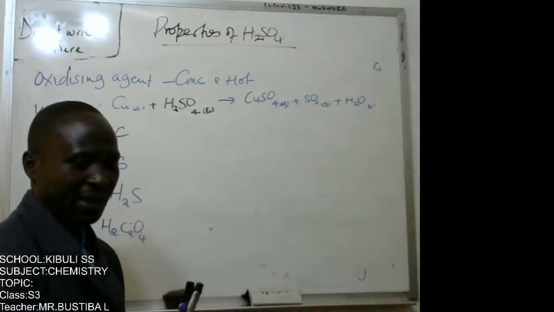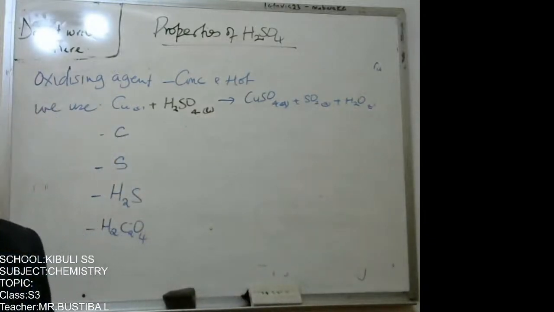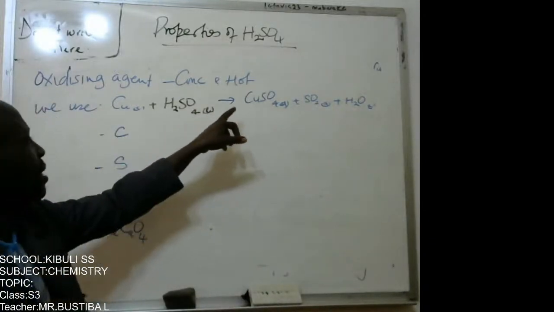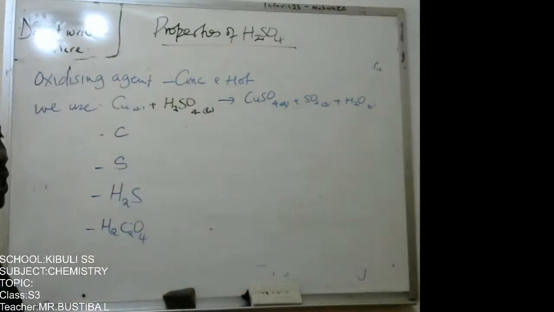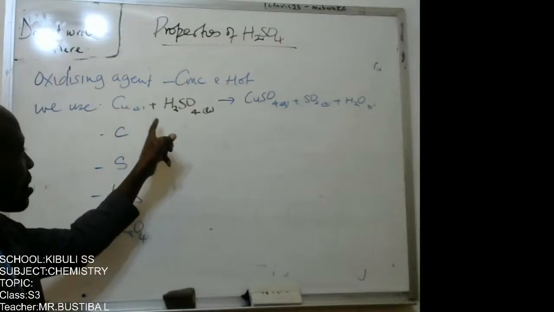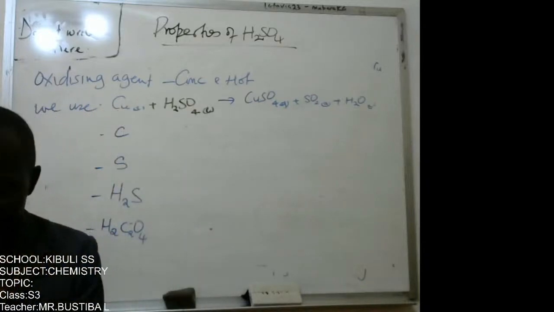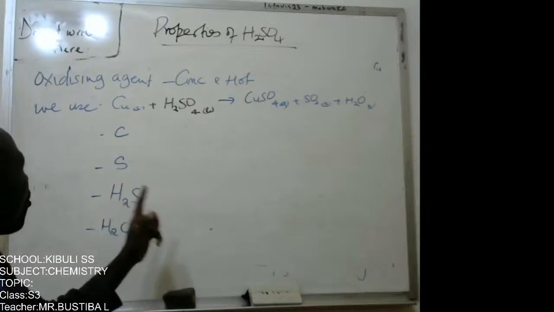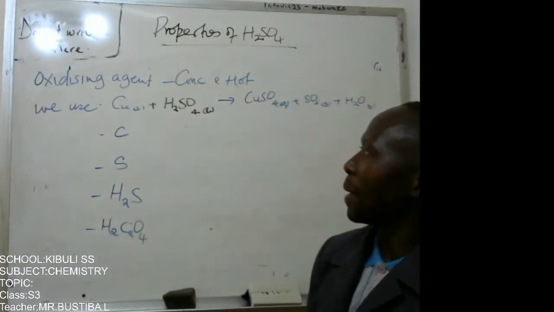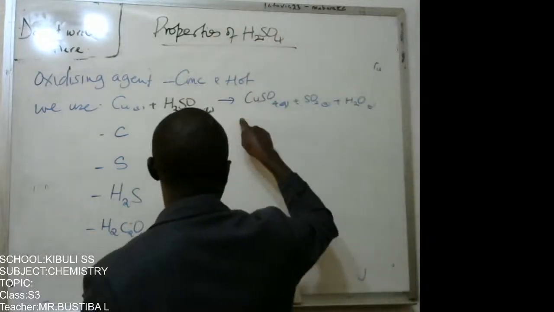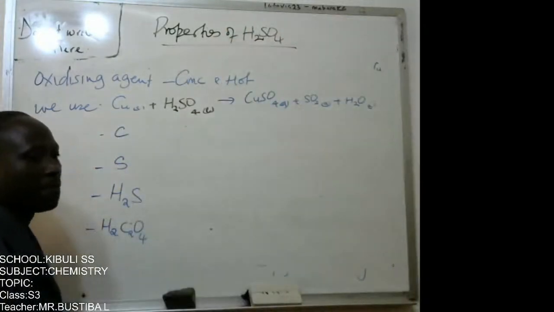This explains why most of you give this reaction as a method of preparing sulfur dioxide. We don't accept this as a method of preparing sulfur dioxide. We accept it as a property of sulfuric acid as an oxidizing agent, but it's not a laboratory method of preparing sulfur dioxide.